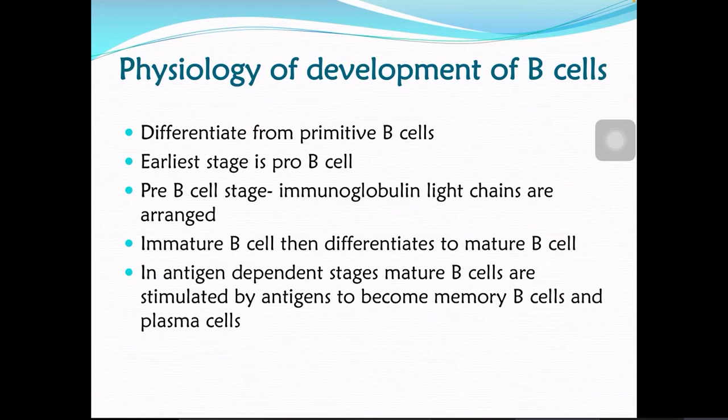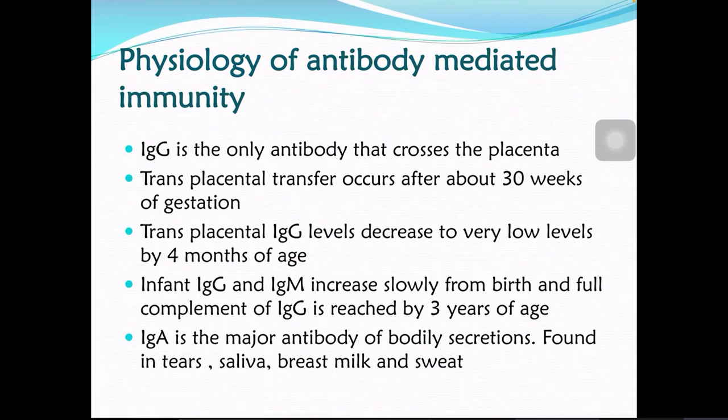Now, in antigen-dependent stages, the mature B cells are stimulated by antigens, and they will then become memory B cells and plasma cells. Now, if you look at the immunoglobulins and antibody-mediated immunity in a small child, I'm sure you all know that it is only IgG that is able to cross the placenta.